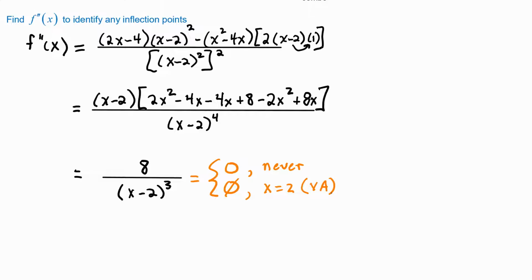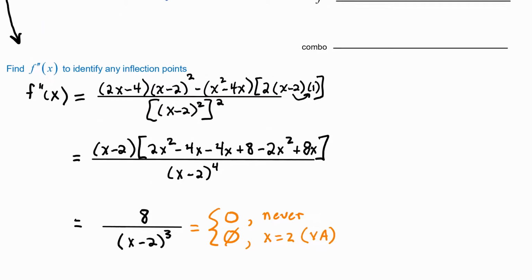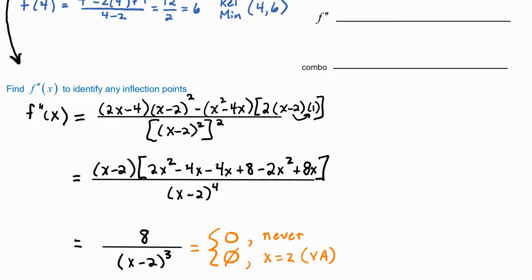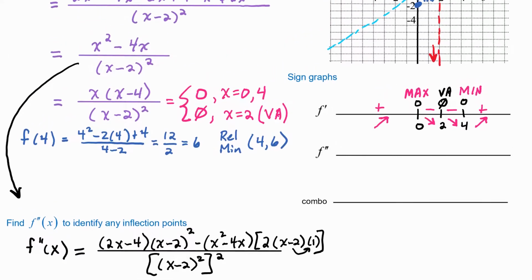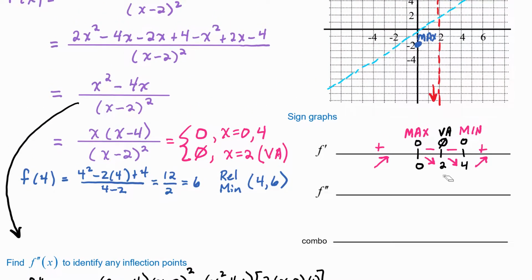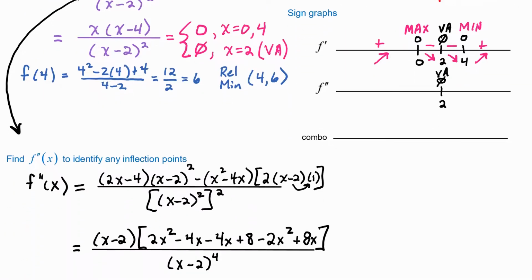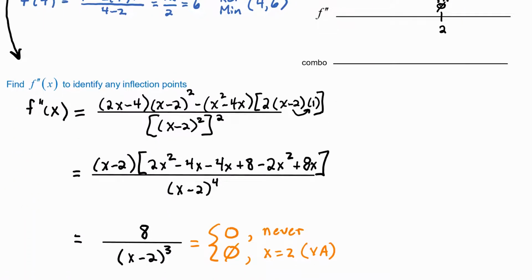Now let's go and fill in our sign graph for f double prime. First, we have to line up the x equals 2 with the other one. We know the second derivative does not exist, and we know there's a vertical asymptote there. Now let's work on the sign graph.